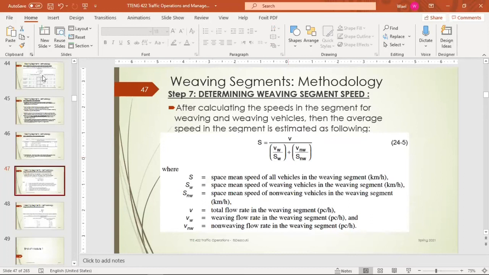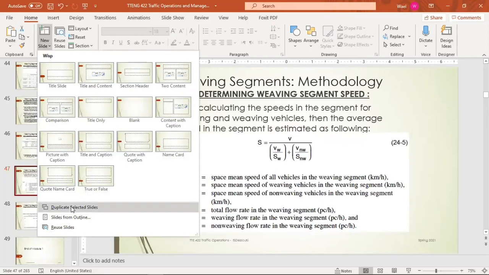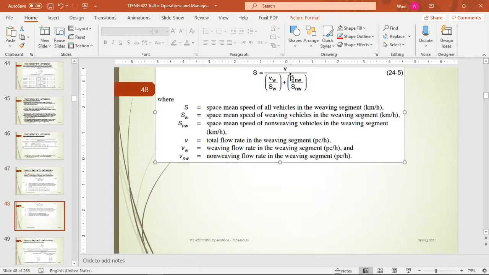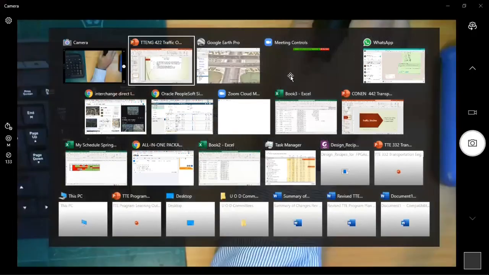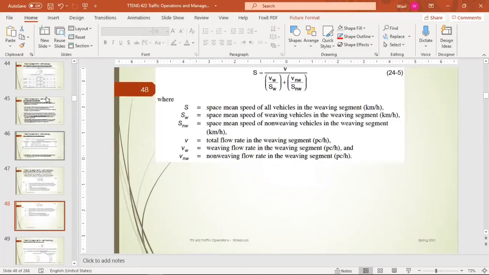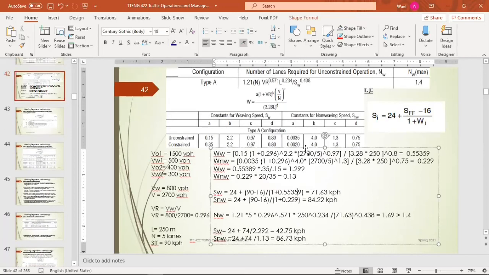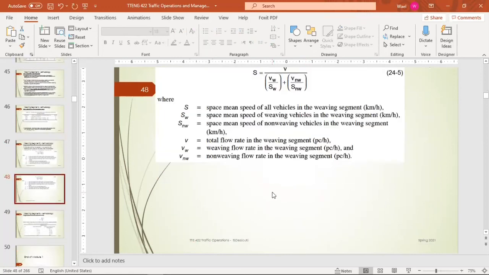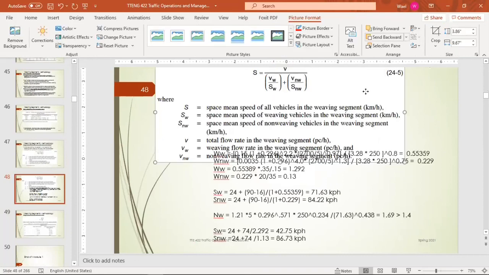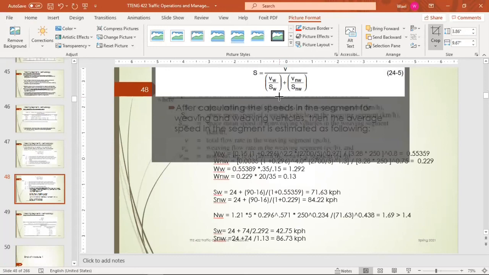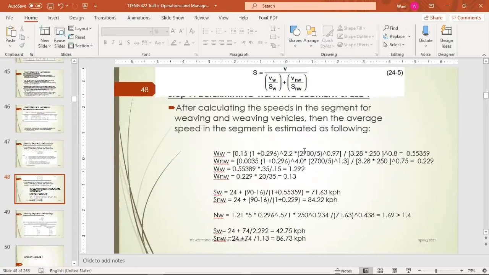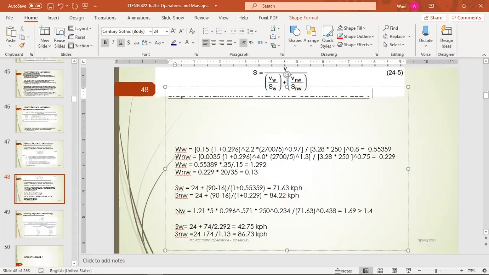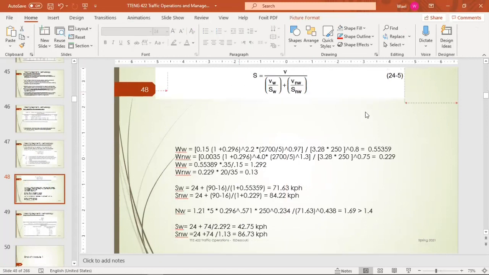Okay, so let me just duplicate this screen. And let me just go here. Let me grab this. Okay. Okay. Now we want to calculate the average speed.